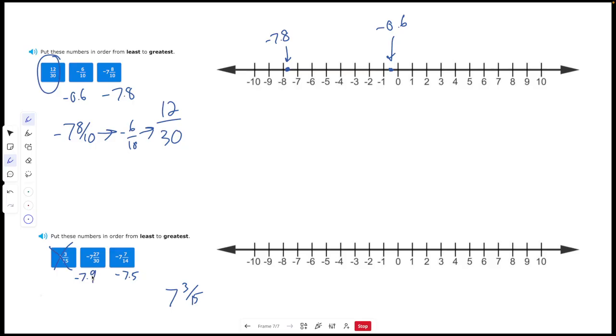And so if I were to put those on the number line, 7.9 is here, 7.5 is here. And so negative 7.9 is further left, so it's smaller. So this should go negative 7 27/30. And then negative 7 7/14. And then finally, 7 3/15 is the biggest.